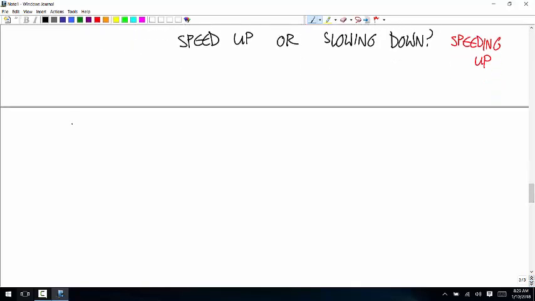Okay, so now, why don't you do this one on the board? Let's say you know position as a function of time is equal to cosine of 2t.